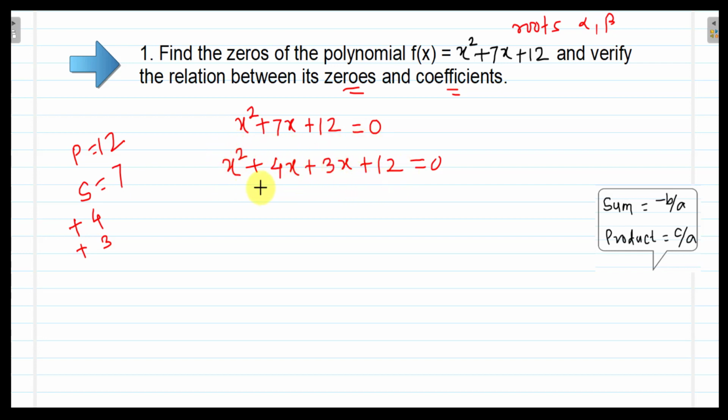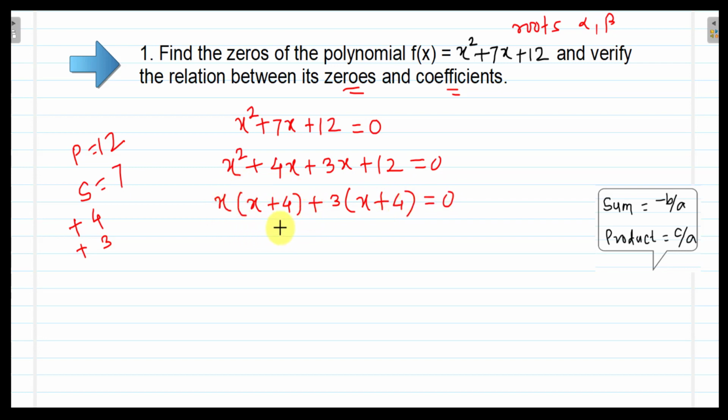From the first two terms we can take out x as a common factor, so inside the bracket it will be x plus 4. Close the bracket. Now from the next pair of terms, 3 is a common factor, so plus 3 into bracket x plus 4, 3 fours are 12, which is equal to 0.